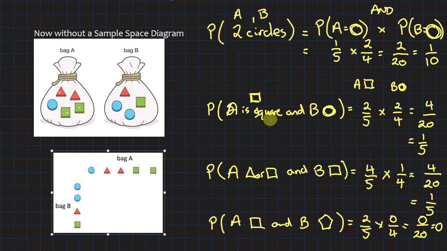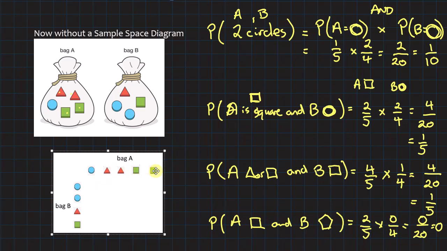A square in A and a circle in B. So square in A, circle in B is 1, 2, 3, 4. So that's 4 out of 20. Yep, same number we got over here. Triangle or square and squares.